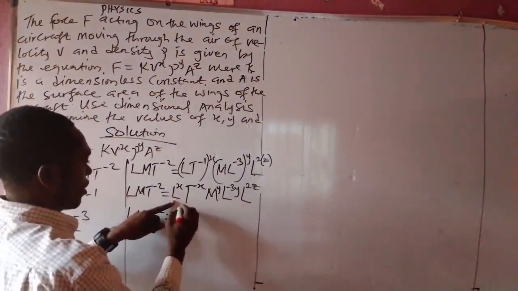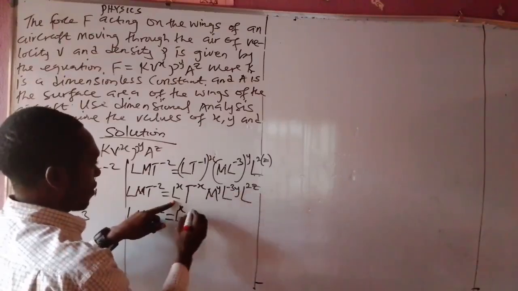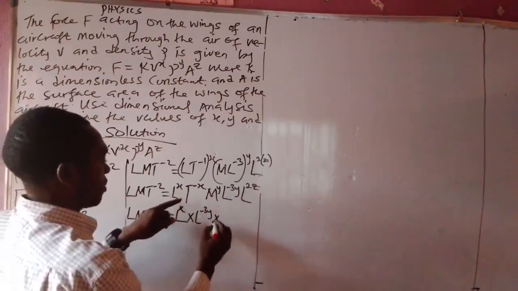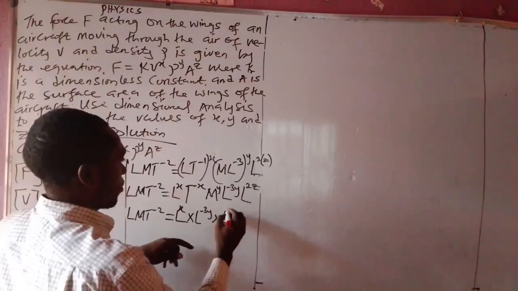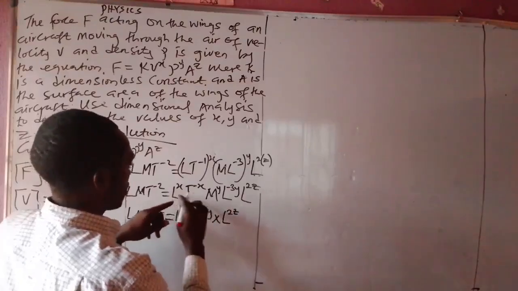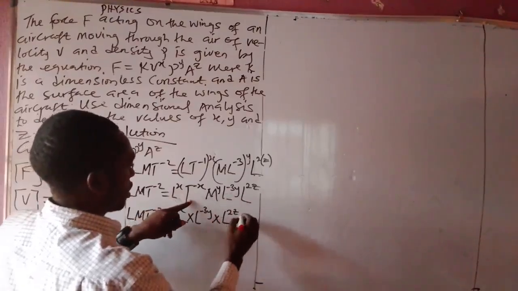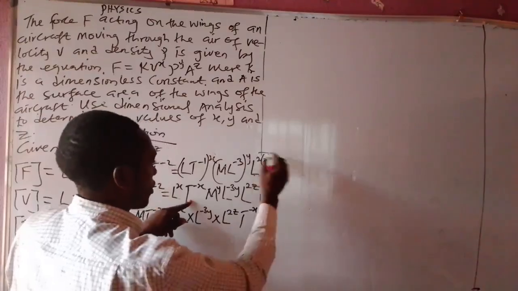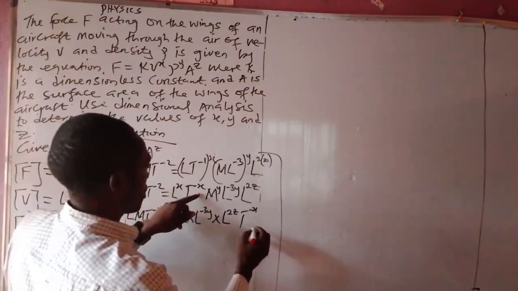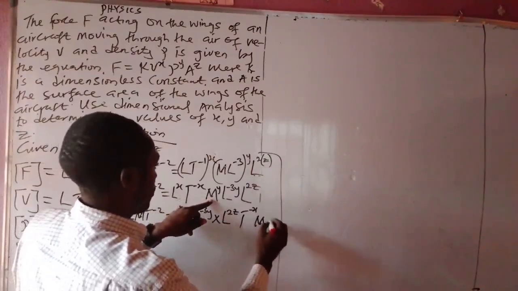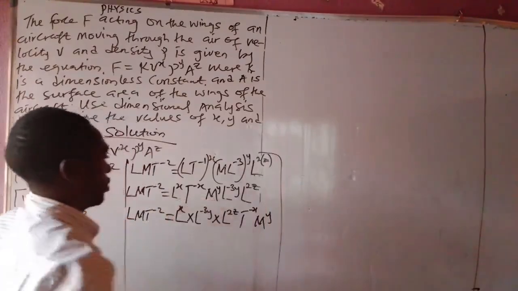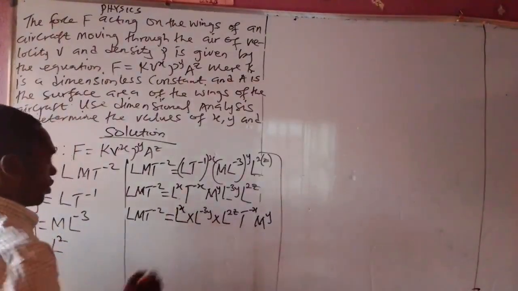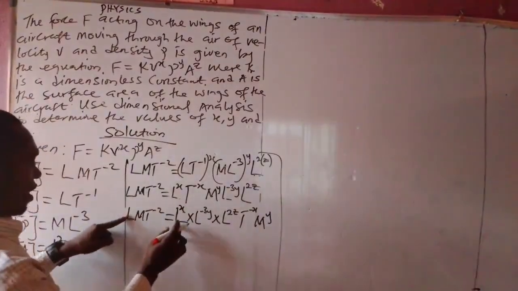We have L here, L^x, so we still have L here, multiplying L^-3y, multiplying L^2z, then that's for L. The next one is T^-x. Then the next one we have is M raised to the power of y. So that is it. Now the next one we start our comparison. So if you come here, we have L.